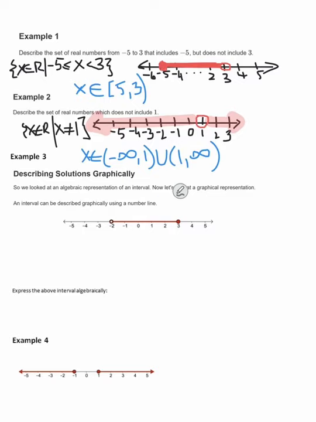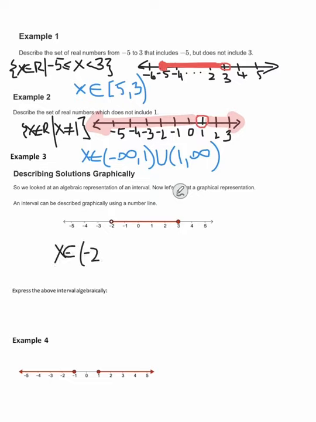Okay, so now we're going to describe solutions graphically. So we looked at an algebraic representation of an interval. Now we're going to look at its graphical representation. So we have a graphical representation using a number line. And how would we say this using interval notation? So it looks like it's including everything from -2, not including -2, to 3. So the interval notation would be x is an element of -2.